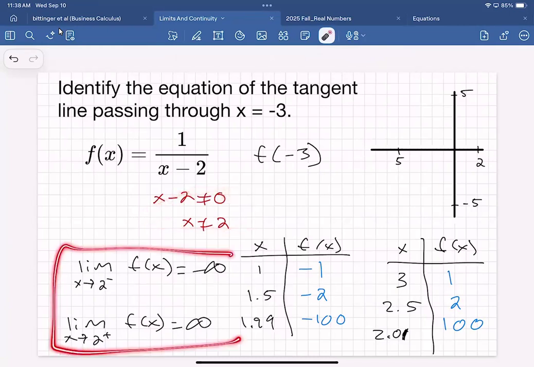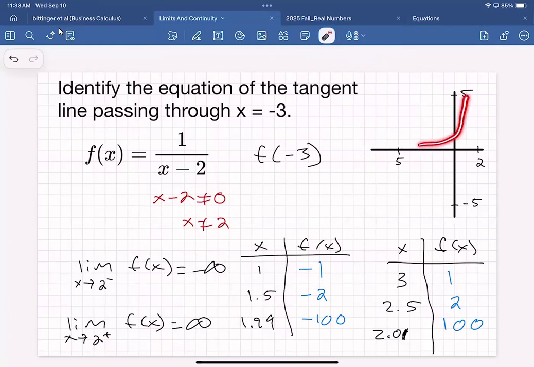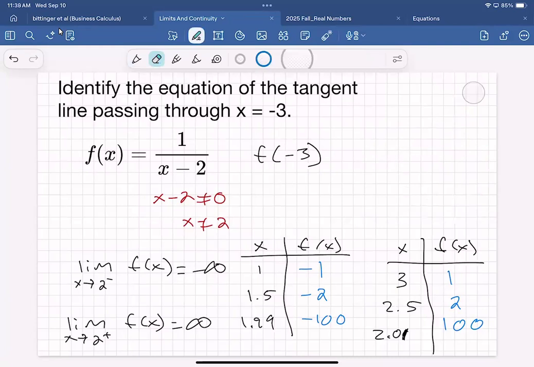But what type of discontinuity is going to be there? When the graph does this, I totally drew my coordinate plane wrong. What do we call that? You remember the word asymptote that we talked about the other day?